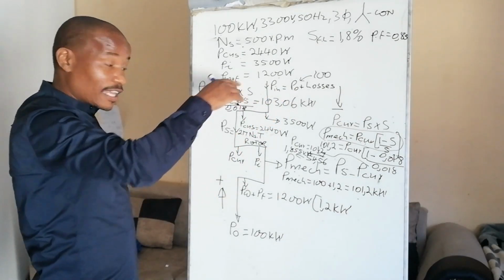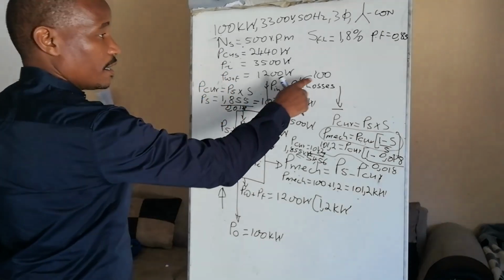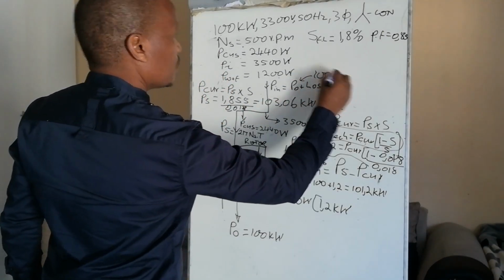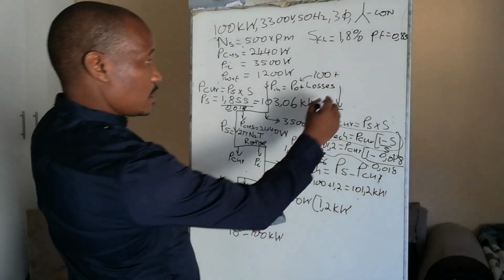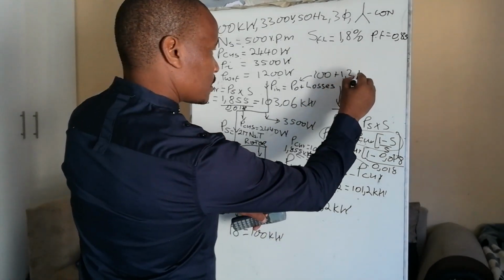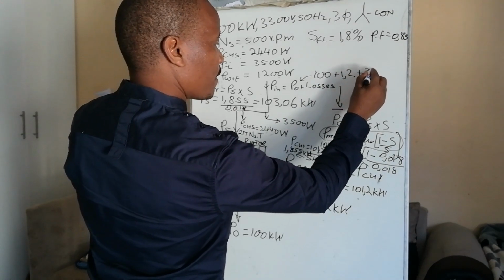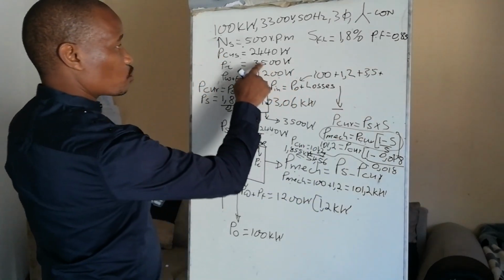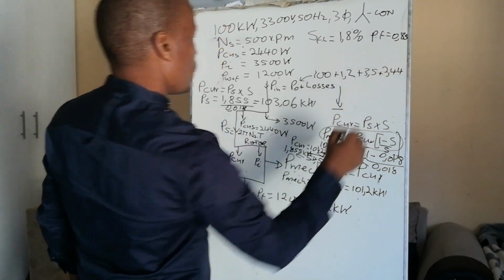That's why most of the time people get this very wrong. Right, this is 100 plus losses. What are the losses? The losses are 1.2 plus 3.5 plus 2.44.